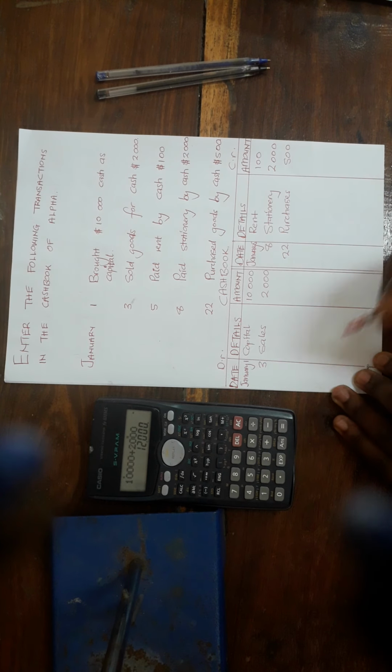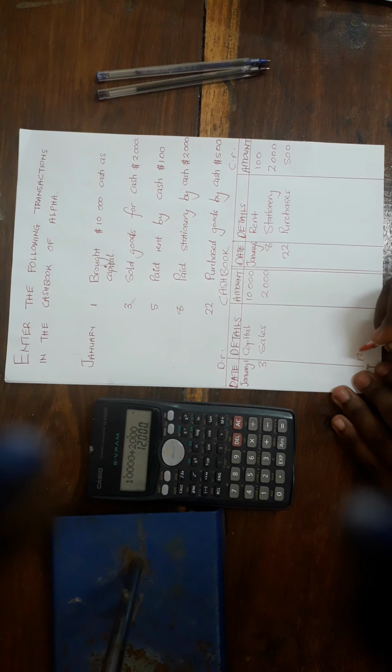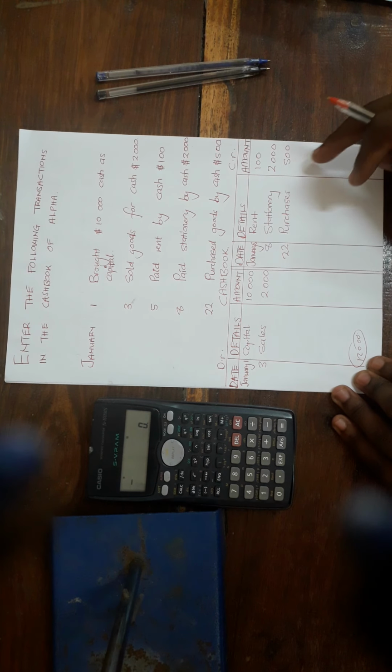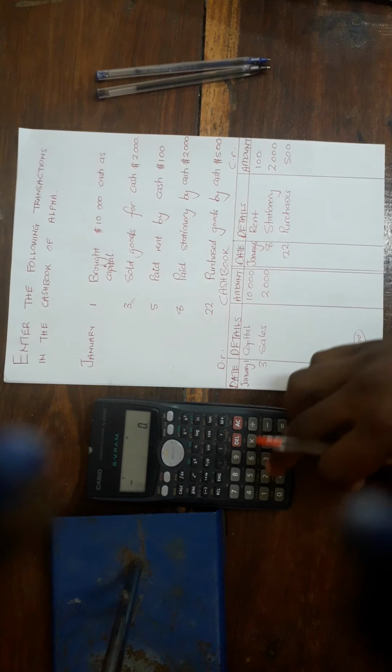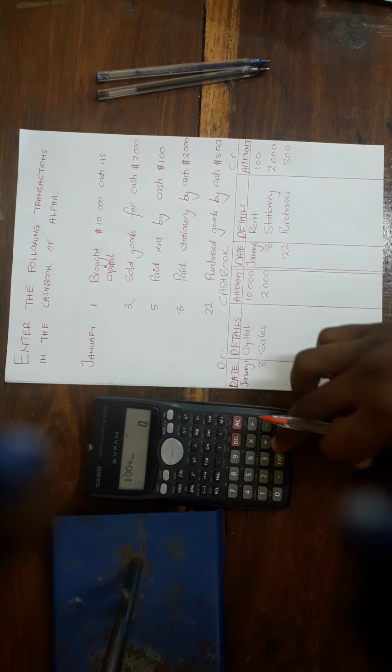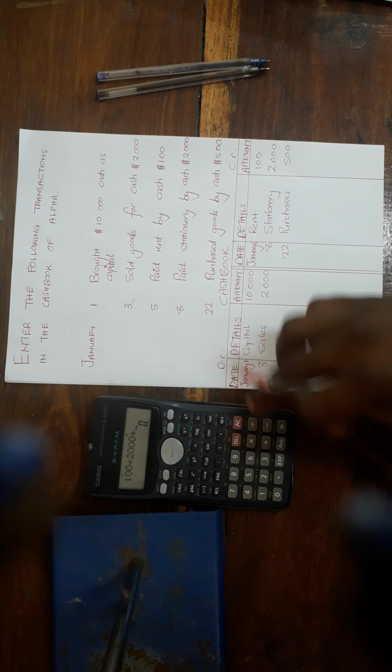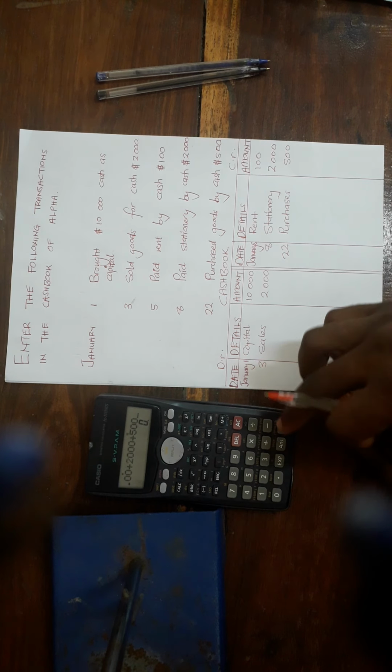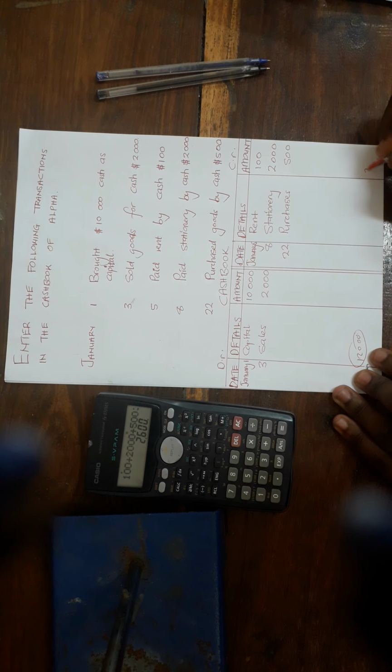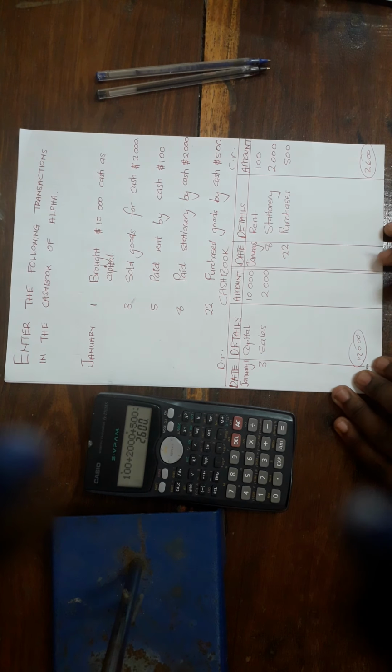We are getting 12,000. Then I write this 12,000 somewhere else. This is for the debit side. Then I move on to the credit side. I'm adding 100 plus 2,000 plus 500. The total is 2,600, and then I write it here.